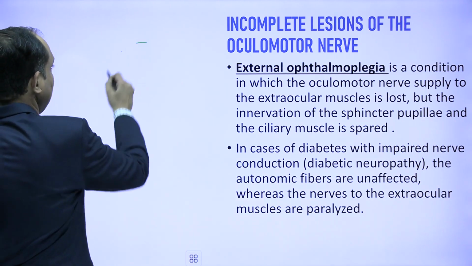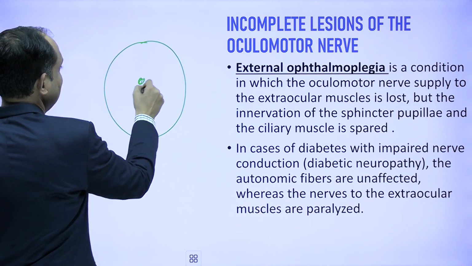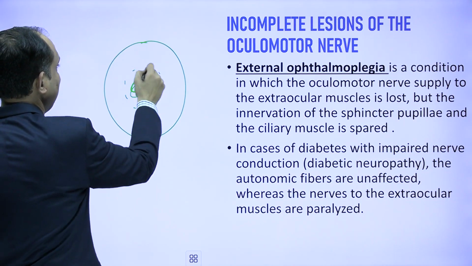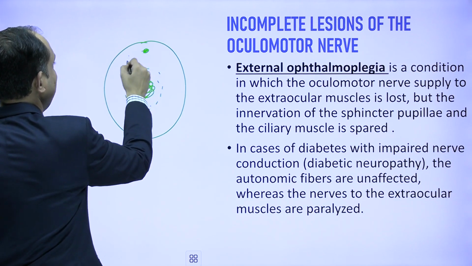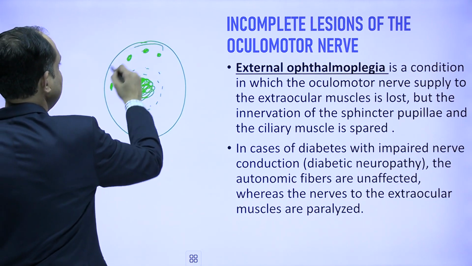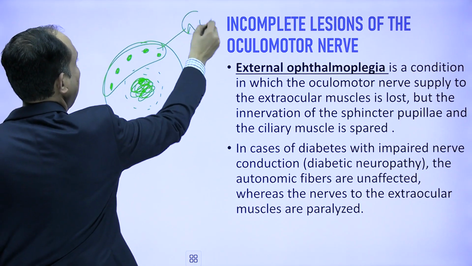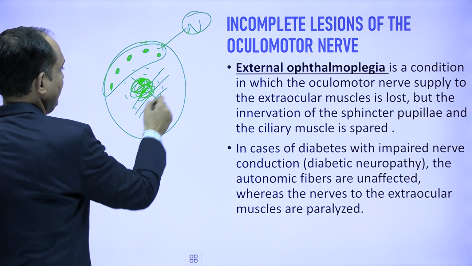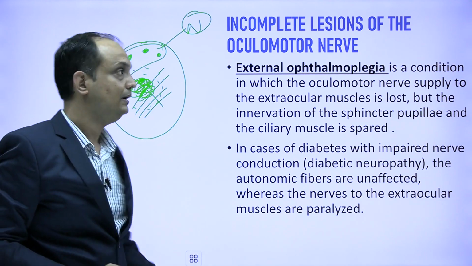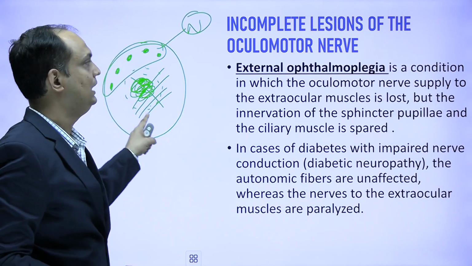When the lesion starts from the center of the nerve, the somatic supply is affected, but the parasympathetic fibers on the periphery are normal. So this portion is normal and this part is not working. The light reflex and accommodation reflex are present, but the movements of the eyeball are lost.